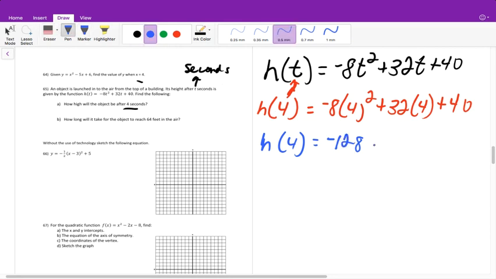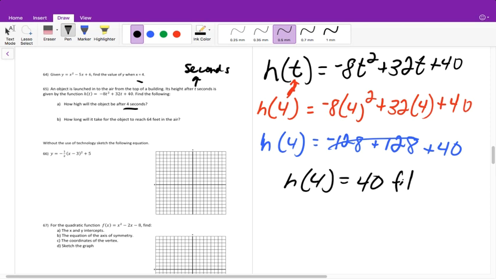And then 32 times 4 is positive 128 plus 40. These two cancel each other out. So then our h of 4 is equal to 40 feet. So that means after 4 seconds, the object is 40 feet in the air.